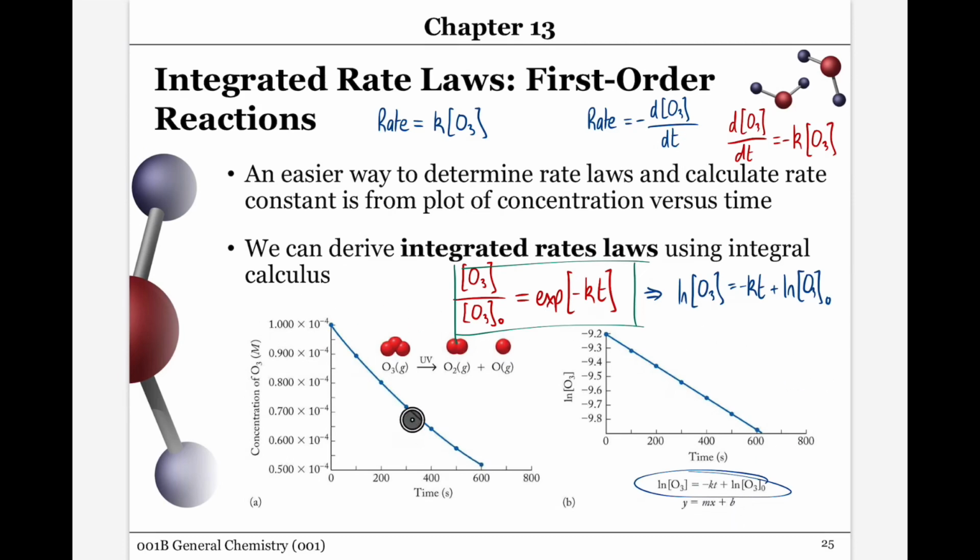And indeed, when we plot this data as the log of the concentration versus time, we get this nice straight line. So this gives us a means of actually measuring a rate constant from a set of data where we're only measuring one thing changing over time.